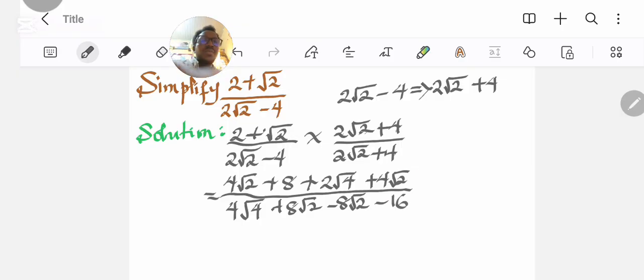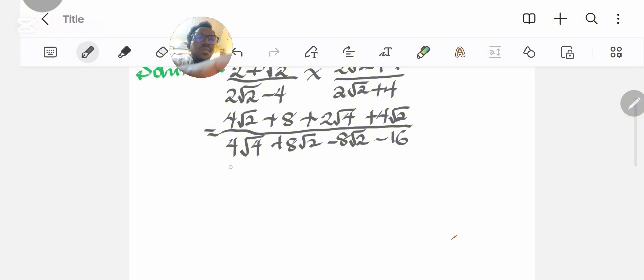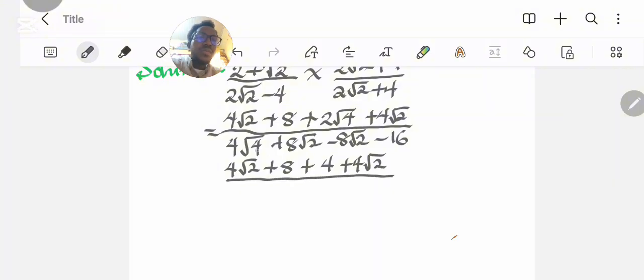So from here, we now have 4 root 2 plus 8 plus the square root of 4, which is 2, times this 2 is 4, plus 4 root 2, all over the square root of 4 here as well, which is 2. 2 times this 4 is going to give us 8. 8 root 2 minus 8 root 2 is going to give us 0.